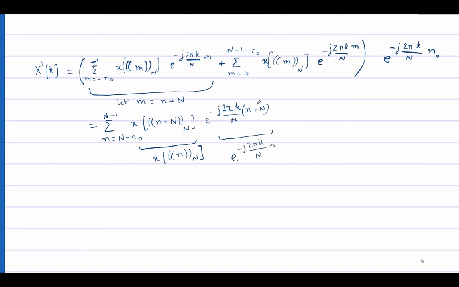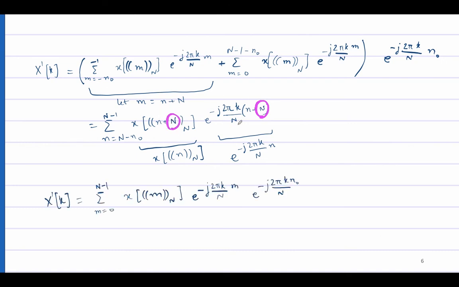Again, e to the power minus j 2 pi k upon capital N times capital N will be simply 1, so I can ignore this. So this capital N goes away, this capital N goes away. Finally, if I put back, this form is the same as this form, so I can just merge the two limits. m goes from 0 to N minus 1, this whole thing.